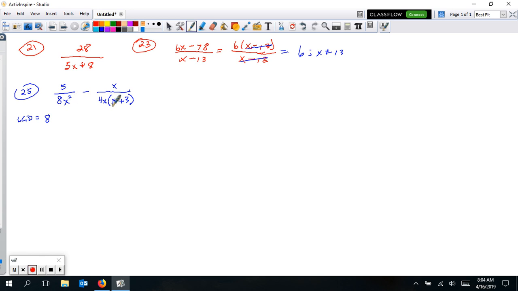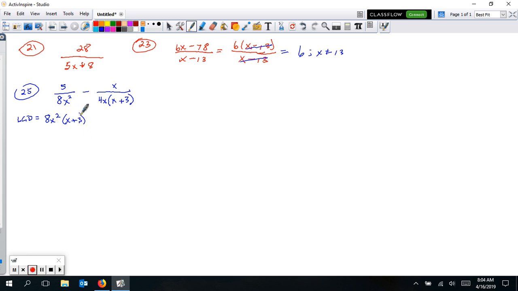This has x squared, this has x, so we need the bigger one, x squared. So as far as monomial, we need 8x squared in the LCD. We also need this binomial over here because this one doesn't have it. We need to include x plus 3. So that whole thing is the common denominator.